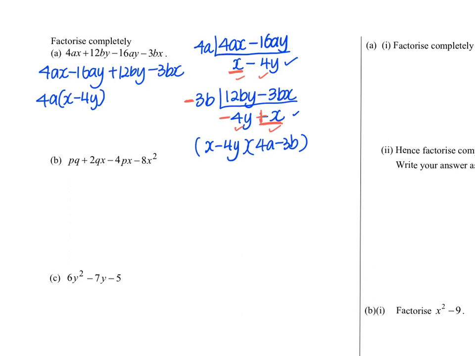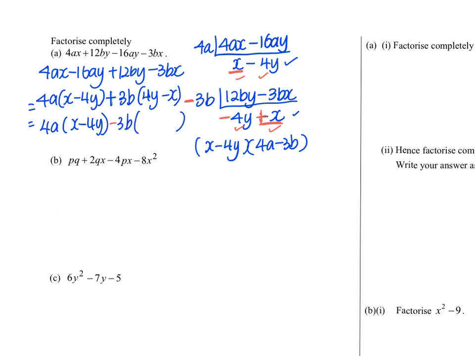Please don't do that. Okay, now then I continue over here. This one will be plus, I factorize out 3b, and then this is 4y minus x. So now I'm going to change the sign for a x minus 4y. I'm going to change it to minus 3b.